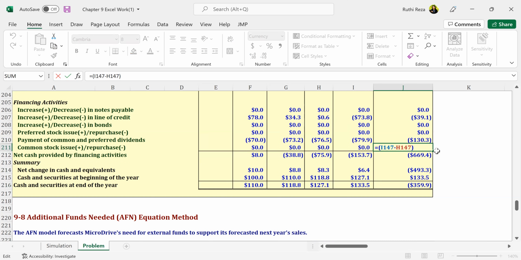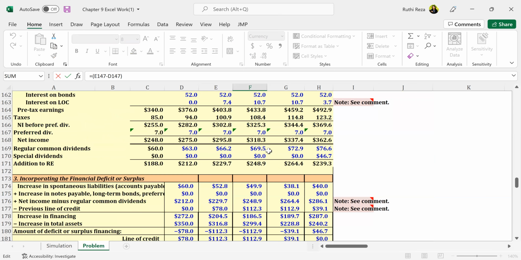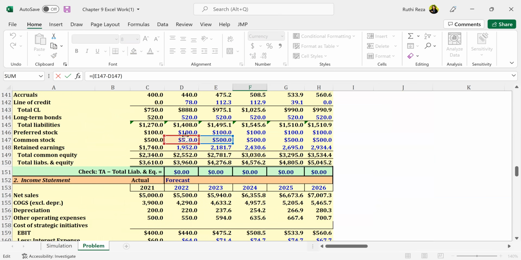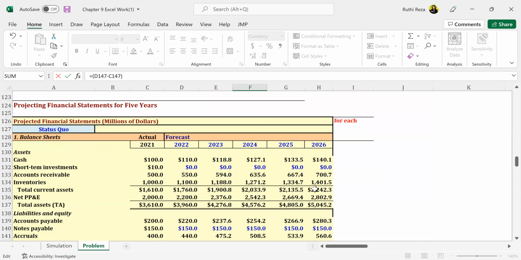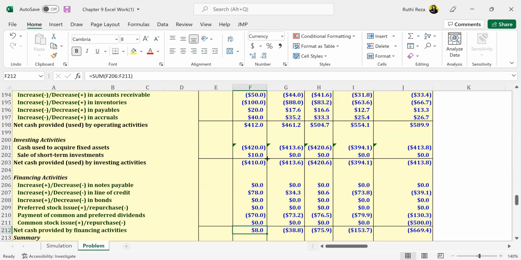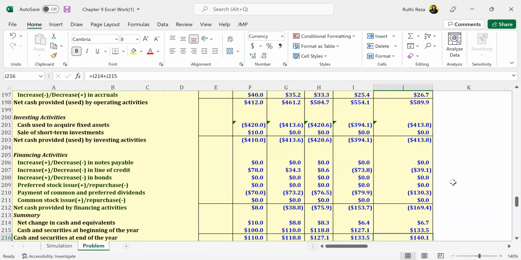Okay, so here is something wrong. Let us see how we get this value. It should be this. So remember, 2022 year balance minus 2021 year balance. Drag it down. Now you see it's right. 140.1.